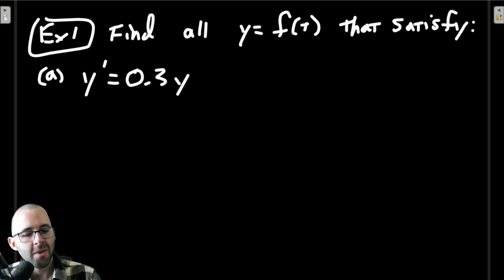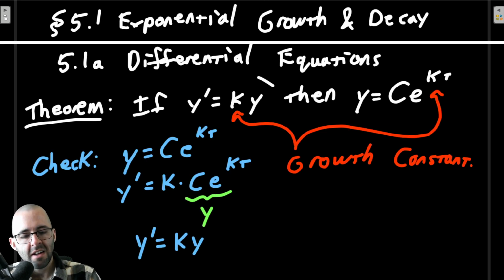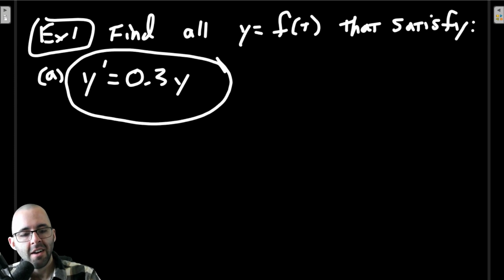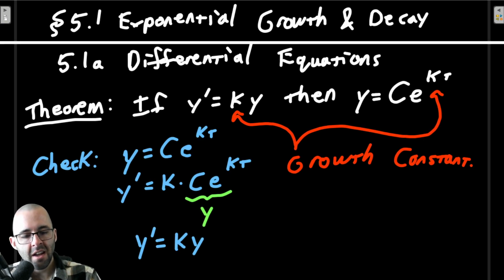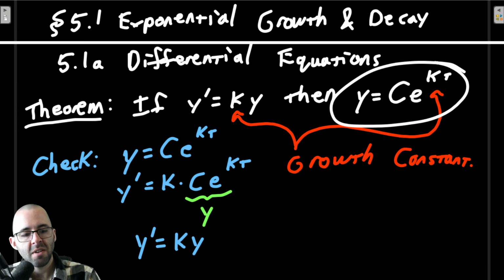Ooh, the theorem. Let's use it, right? Is this of the right form? Theorem says if y prime equals k times y, and what is our k? 0.3. So we do have this case. Then y must be of this form.